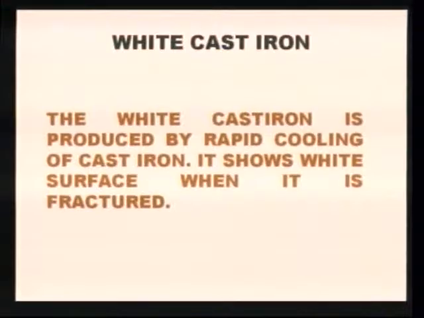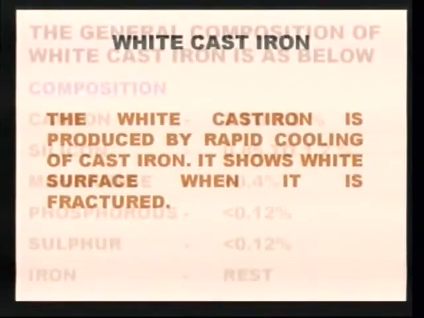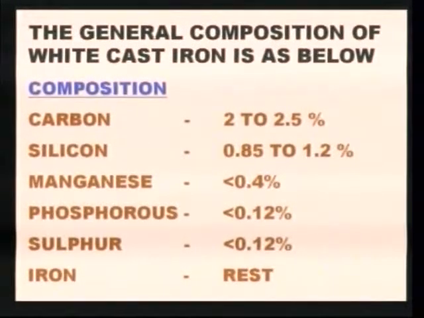The other type of cast iron is white cast iron. The white cast iron is produced by rapid cooling of cast iron. It shows a white surface when it is fractured. Now we will see the general composition of white cast iron.